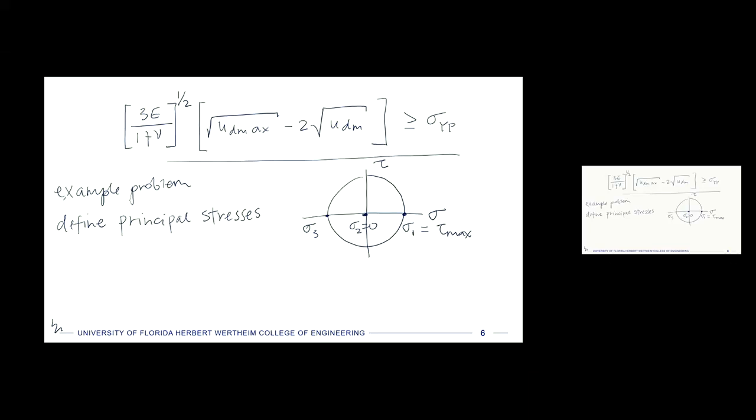That's why we use Mohr's circle. Sigma 1 is going to be the positive value of tau max. Sigma 3 is going to be the negative value of tau max. So I'm going to say negative and then absolute value, so we always know it's negative. We always have that correct order of sigma 1 greater than sigma 2 greater than sigma 3.